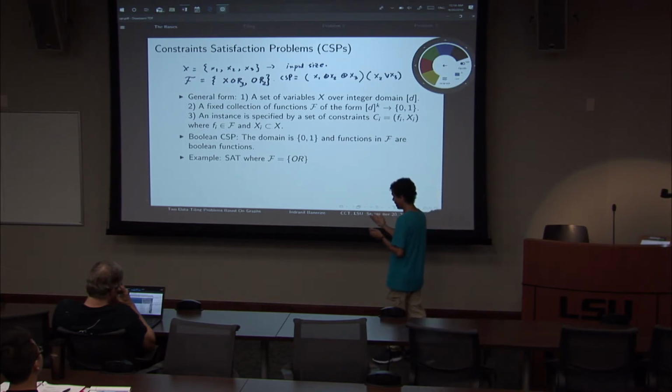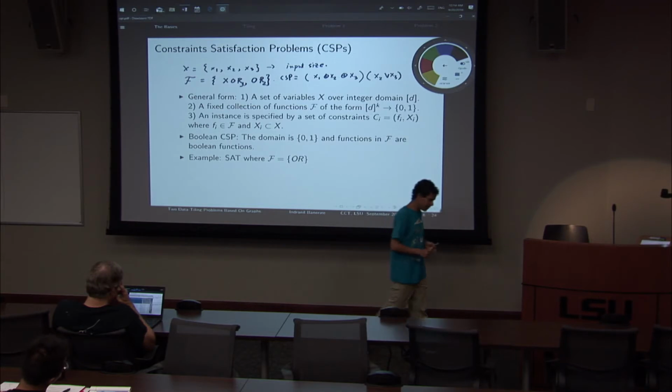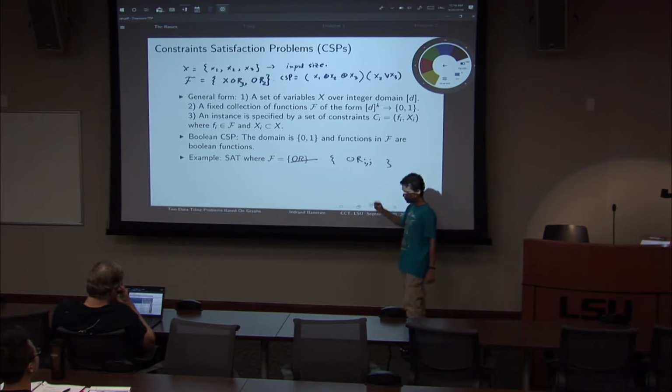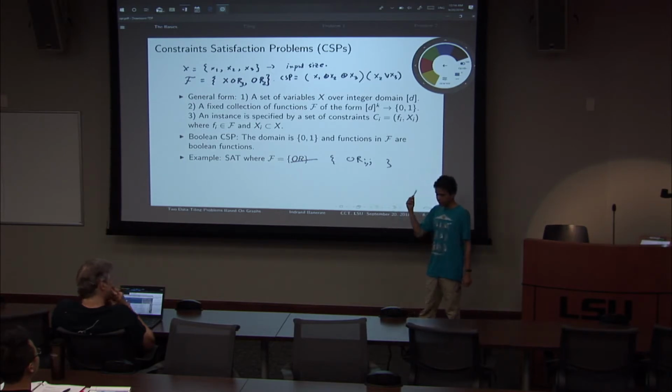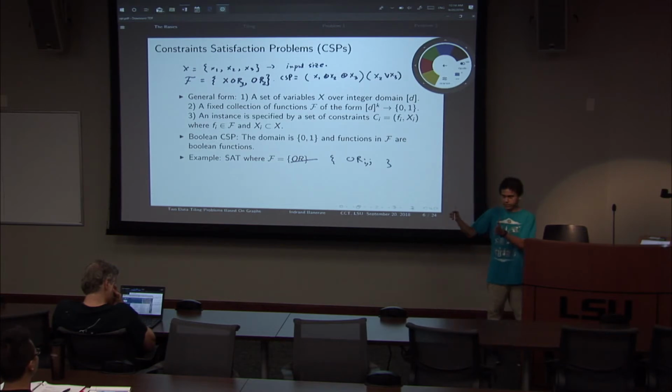We have SAT, which we can represent as, actually this is not correct. The way we do it is like this. This indicates that the first j variables in the OR clause are negated, and the OR clause has size i.